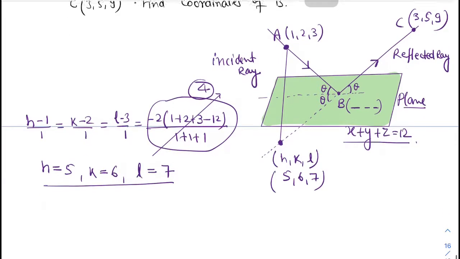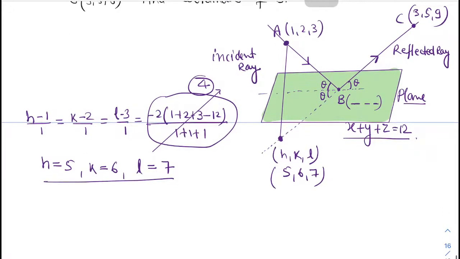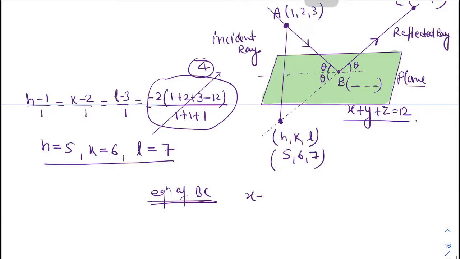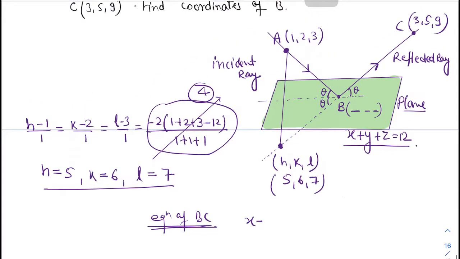If we have this image point, we can now write the equation of line BC. What will be the equation of line BC? Let me take this as the point from where the line is passing.